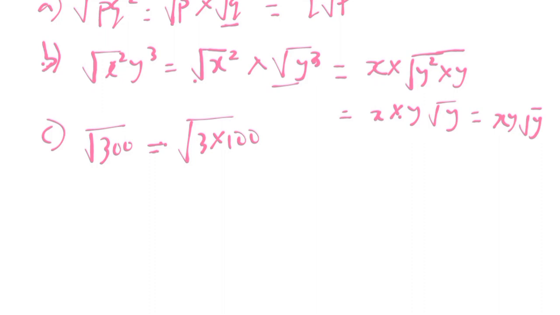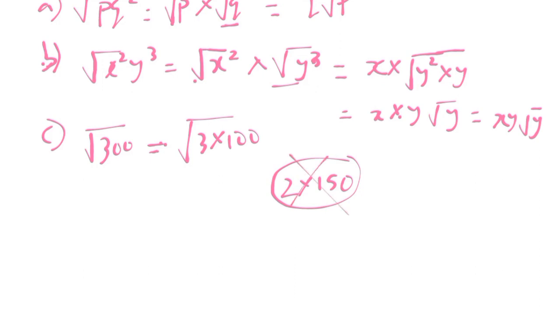I could have done it like this. I could have said 2 times 150, but if I say 2 times 150, there's no perfect root here. So that's why this one here is wrong.